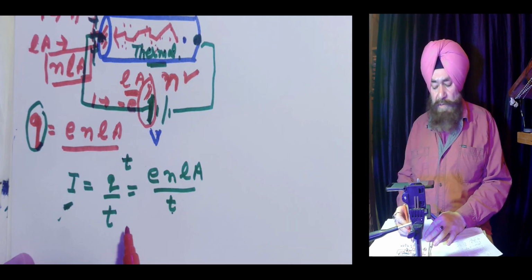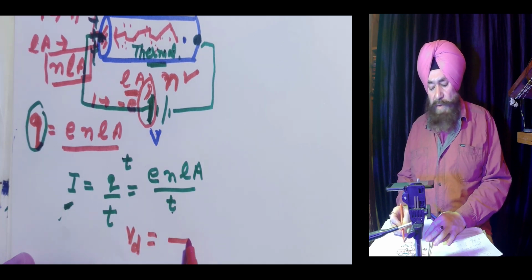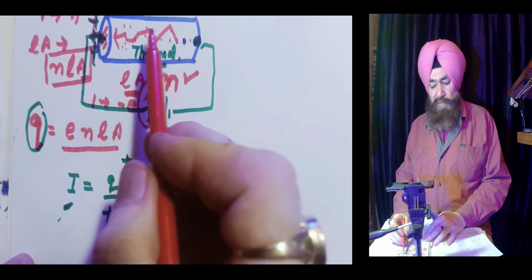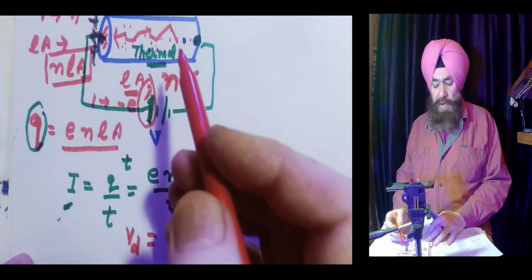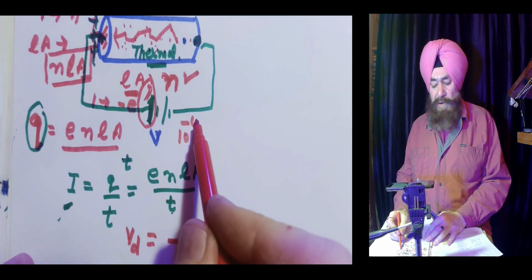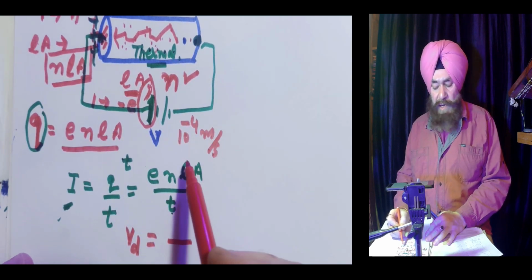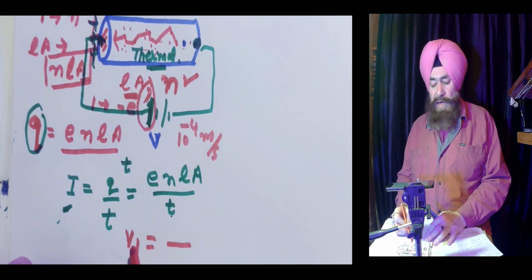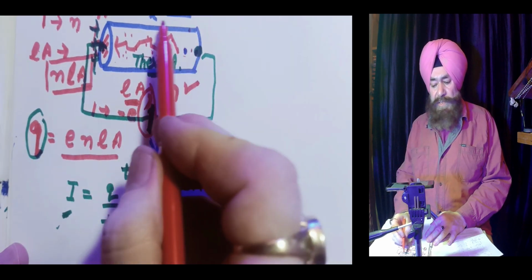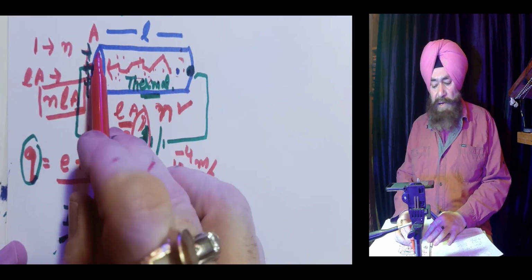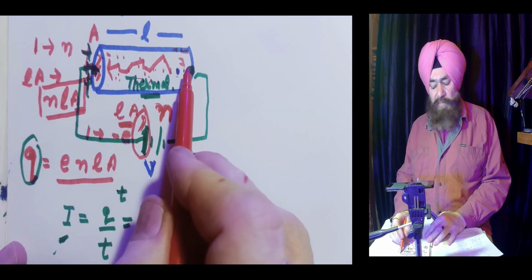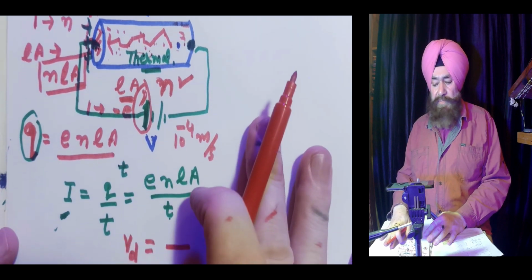The electron is drifting with velocity Vd, and moves from here to here. The drift velocity is very, very small, approximately 10 to the power minus 4 meter per second. Drift velocity means this distance, which is L, divided by the time taken by the electron moving from this end to this end.